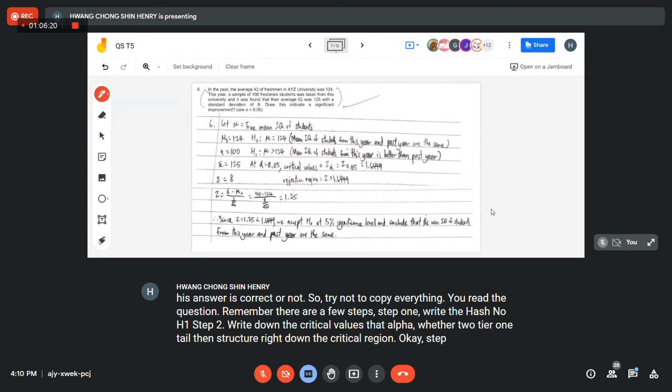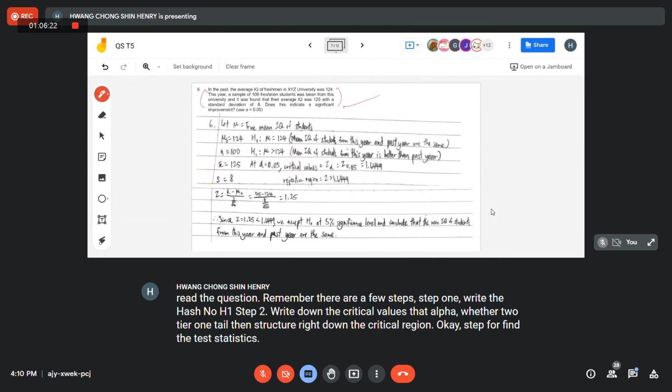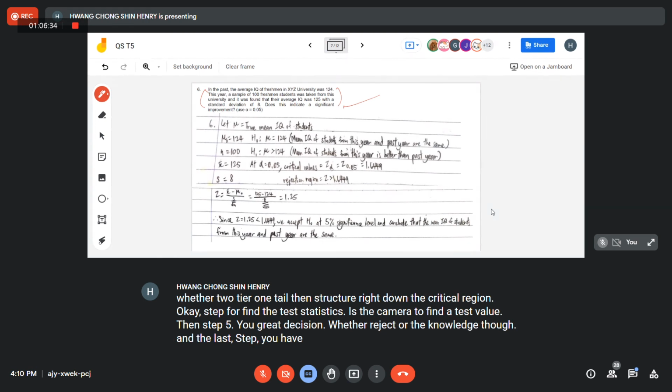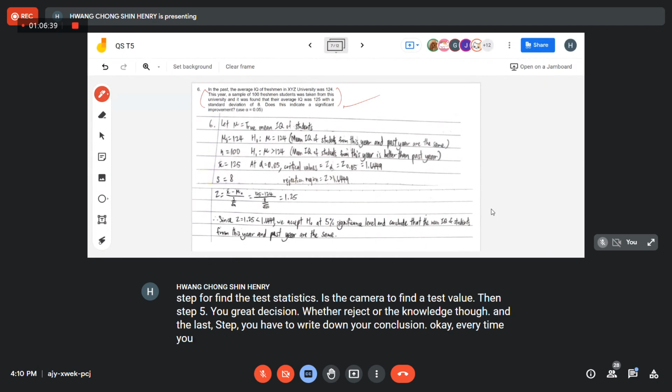Step 4, find the test statistic. Use the formula to find the Z value. Step 5, make a decision whether to reject or do not reject H0. And the last step, write down your conclusion. Every time you follow these steps, no problem.